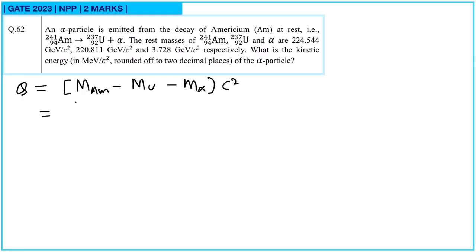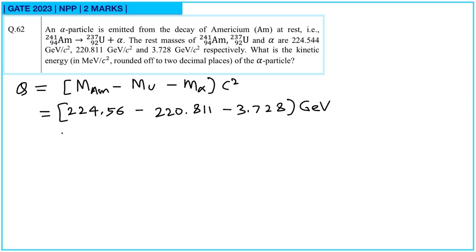So this will be 224.56 minus 220.811 minus 3.728, this whole thing in giga electron volt, and this is equal to 0.005 giga electron volt, so that is 5 mega electron volt.